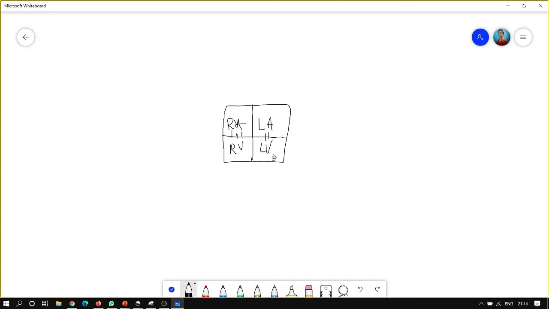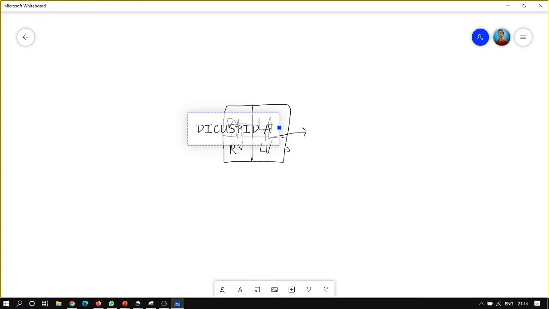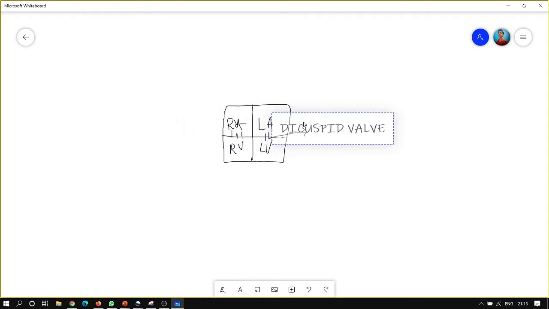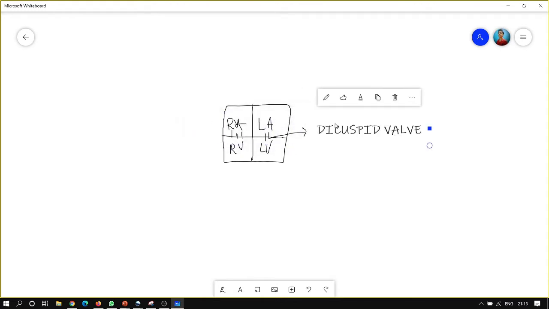The path between the left atrium and the left ventricle is known as the bicuspid valve. I'm typing because I don't know how to draw and write with the mouse.